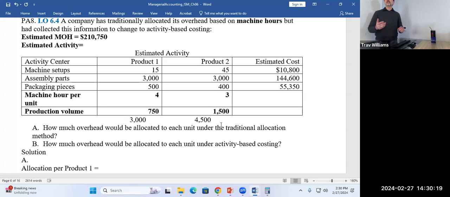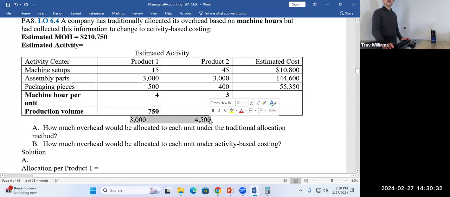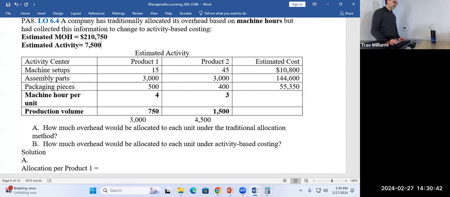Got that? The number of the activity times the number of units you're producing gives you the total activity for that product. But then we need to add it together for both products to get our total estimated activity. So what is that total? 7,500 machine hours.